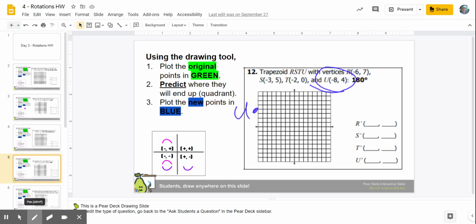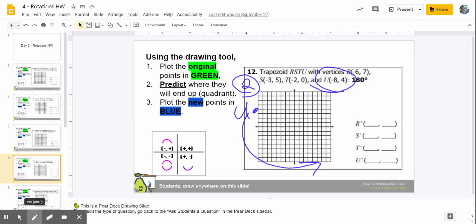Is that quadrant 1, 2, 3, or 4? 2. Okay. Where is it going to move to if it rotates 180 degrees? Down to quadrant 1. So do I switch those or do I leave them?